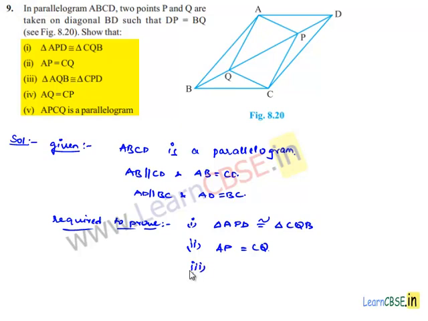Third thing, triangle AQB is congruent to triangle CPD. Fourth, AQ is equal to CP. And last, APCQ is a parallelogram.